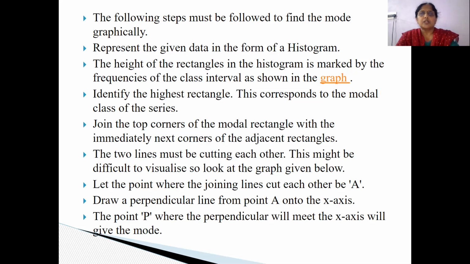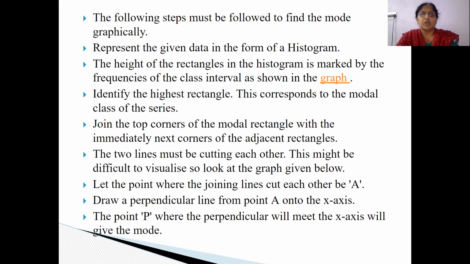The height of the rectangles in the histogram is marked by the frequencies of the class intervals, as shown in the graph. Identify the highest rectangle. Whatever rectangles we have located, identify the longest or highest one. This corresponds to the modal class of the series.